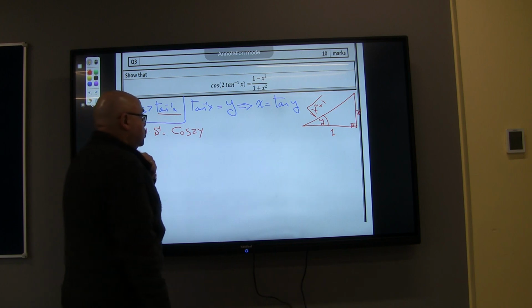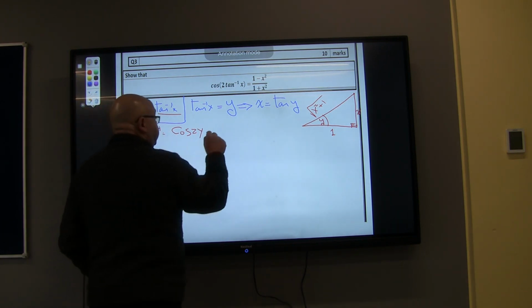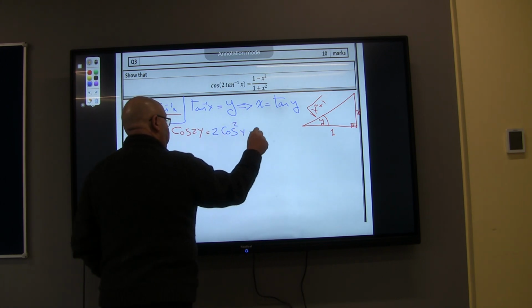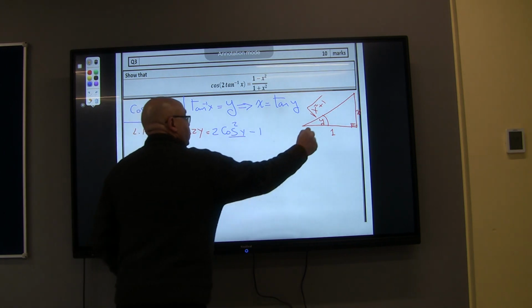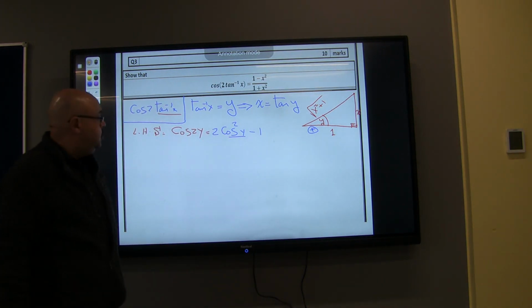Okay, let's replace cosine 2y using one of the laws of trigonometry, which states that cosine 2y equals 2 cosine squared y minus 1, for example. And that way, I will be able to use this triangle in order to make my substitutions.